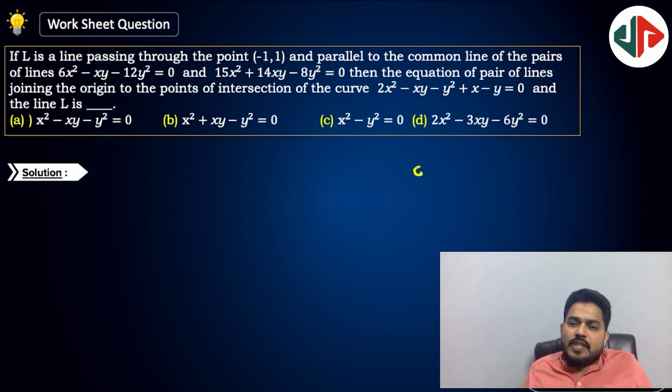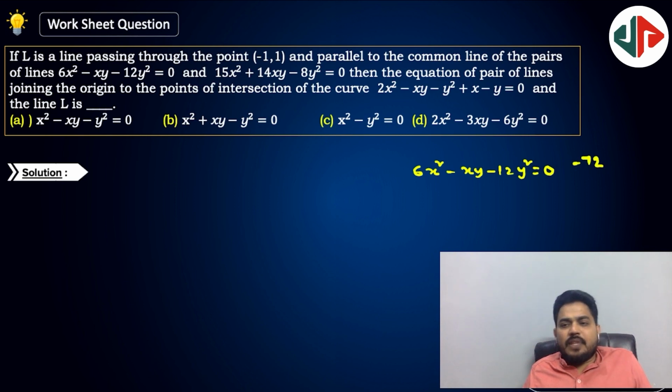So 6x square minus xy minus 12y square is equal to 0. 6 times 12 is 72, so minus 72. The factors are minus 9 into 8.